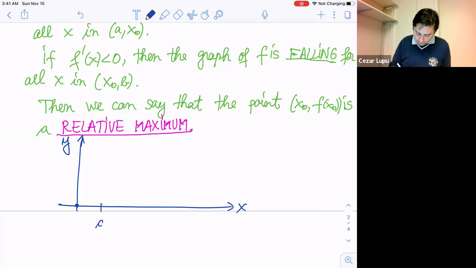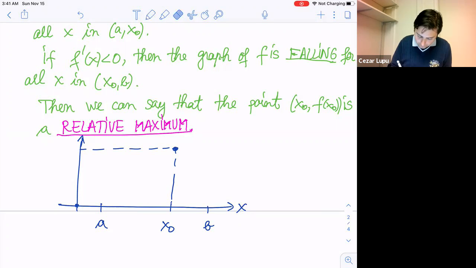Let's just say here we have the point A, here we have the point B, here we have x naught. So I'm going to draw it somewhere around here. So this will be f of x naught.